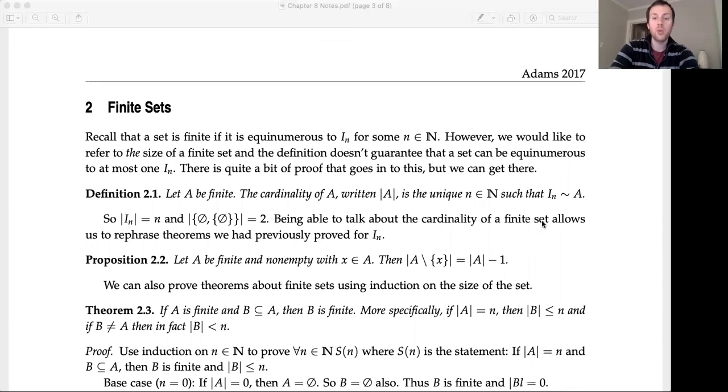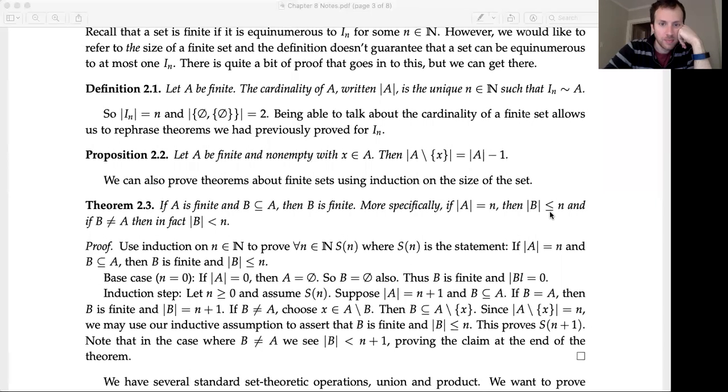How induction would work would be, first, prove things are true for sets of size 0, or maybe sets of size 1, and the inductive step would say, assume I know whatever I'm trying to prove is true for sets of size n. Use that to prove that something is true for sets of size n plus 1. So an example of that is this theorem here.